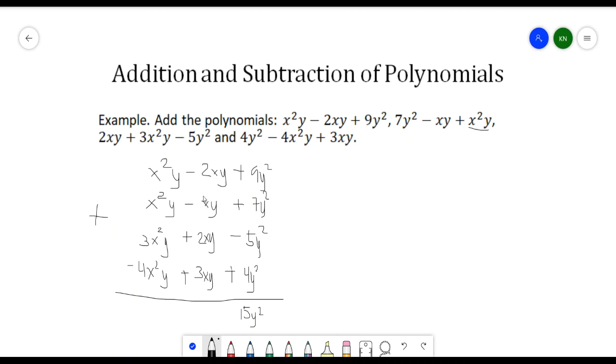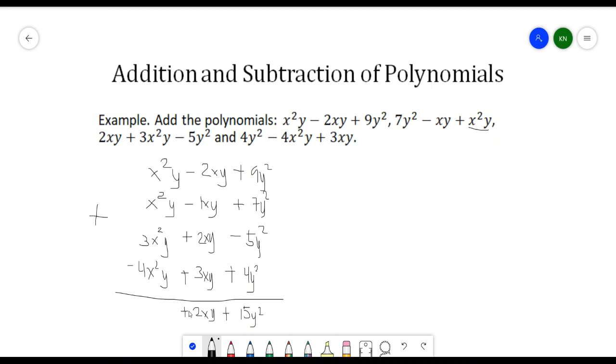Now for the middle term, we have negative 2 plus negative 1. As we know, this is an implied value of 1. So negative 2 plus negative 1, that is negative 3, plus positive 2, that is negative 1, plus positive 3, that is positive 2xy.